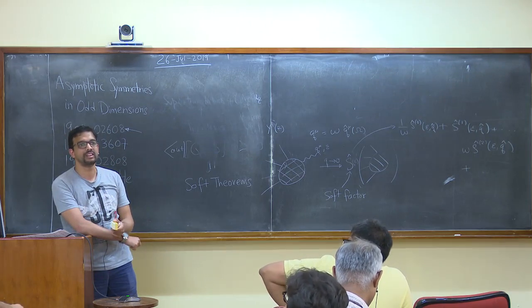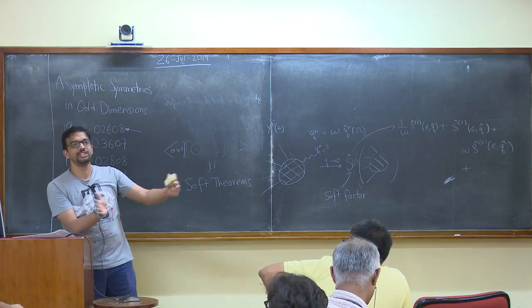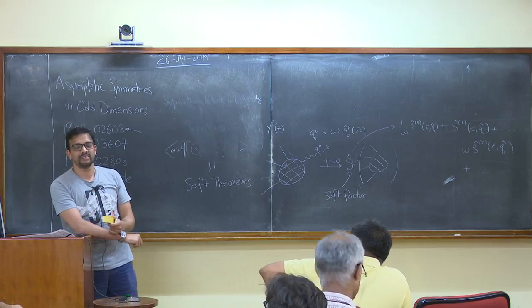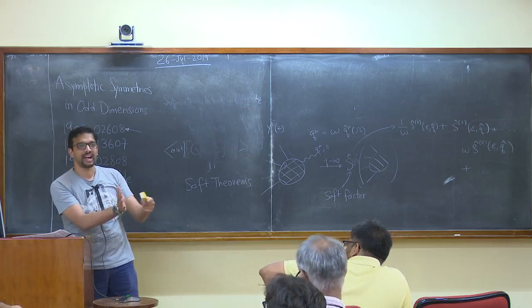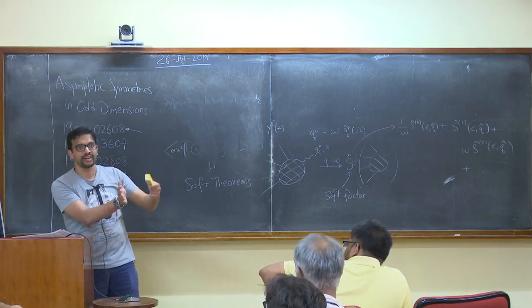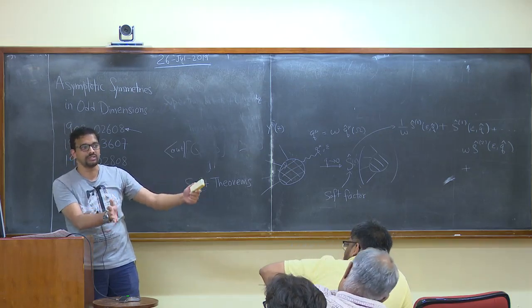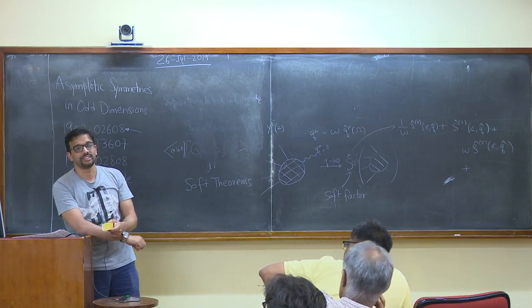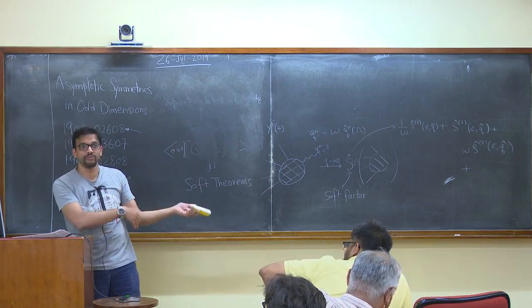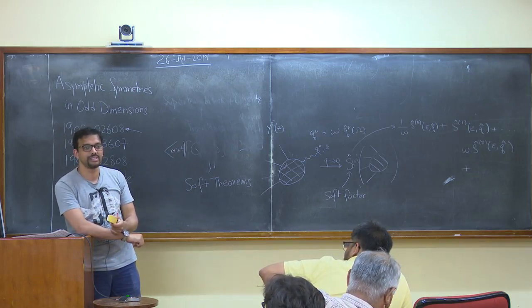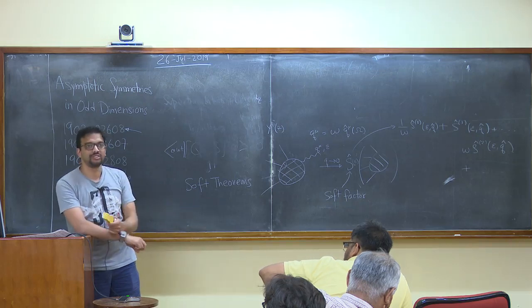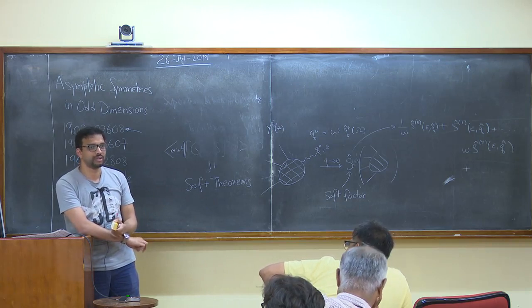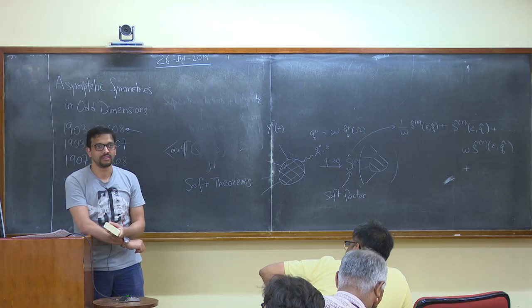Memory is this DC shift, but what we find is that the exact component that gets shifted in even dimensions in fact remains constant in odd dimensions. It remains constant, but it is important for the soft theorem. So we know that it plays some role, but it doesn't shift in the way that we think about. I don't know how to resolve it. That's one thing I do want to do.